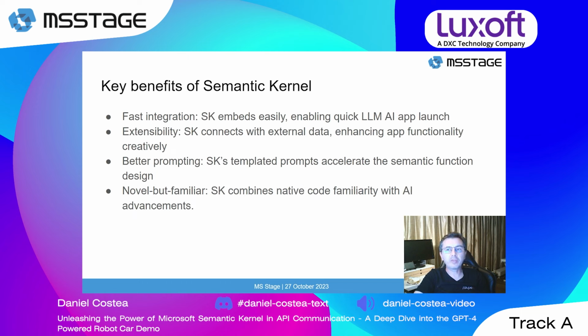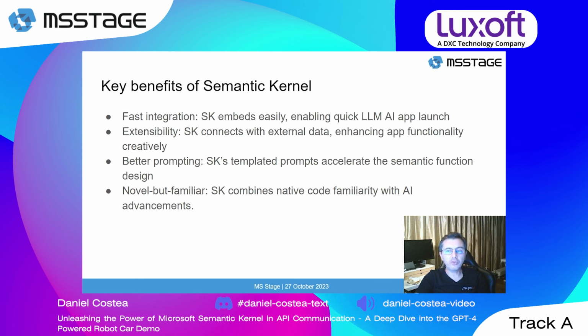Let me summarize a few key benefits of using Semantic Kernel. Firstly, integration speed. Semantic Kernel is crafted for fast integration to enable quick application launch. Next, extensibility. Semantic Kernel allows you to connect easily with external data sources and services. Then, better prompting.